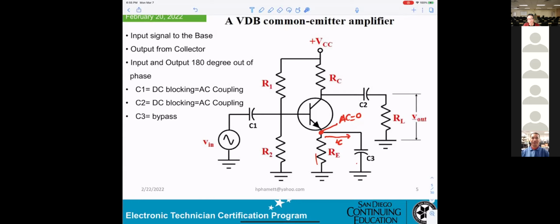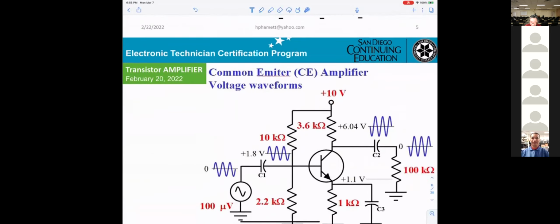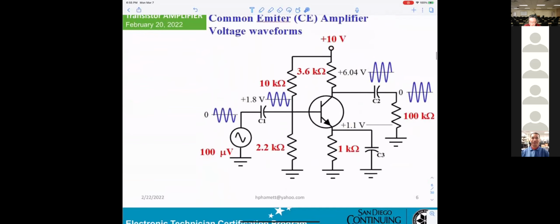C1 and C2 are DC blocking, AC coupling. C3 will be bypass. Okay, as a technician, you need that one. That one is a very good one. They give it to you.